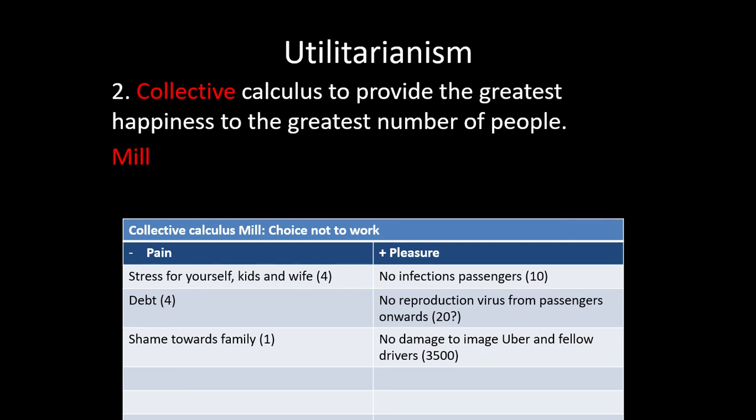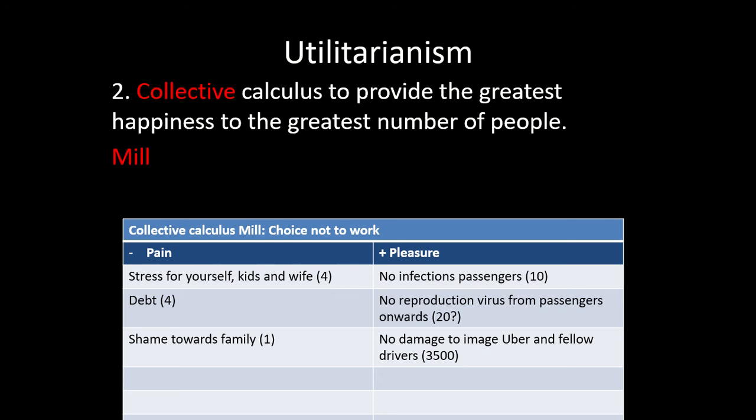What happens if I don't go to work? Then you list all the factors that deliver pain, and that's where you can see the difference with Bentham. You add the numbers of people possibly involved, possibly infected by that pain. That pain is really calculated with the number.